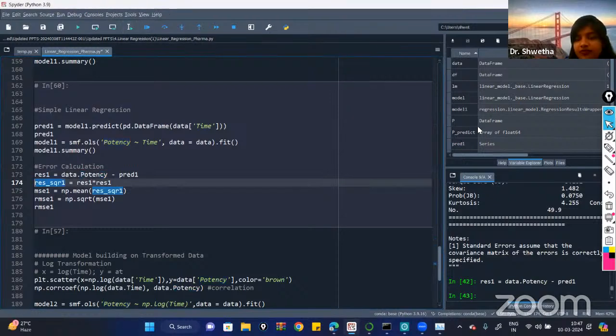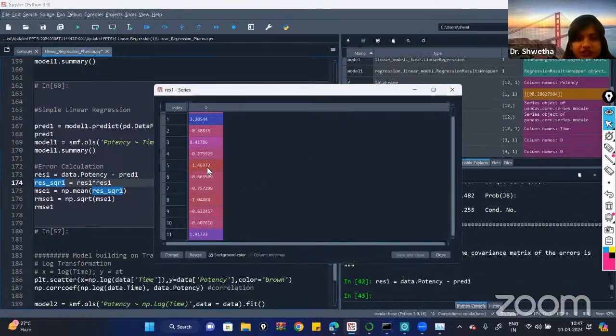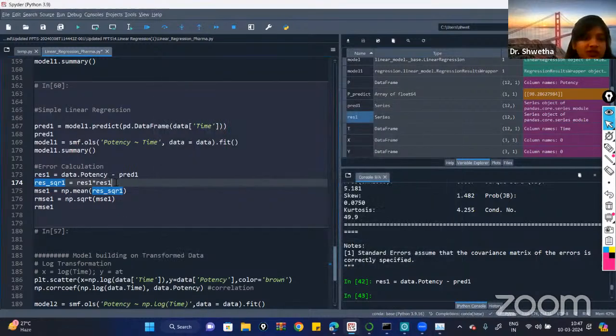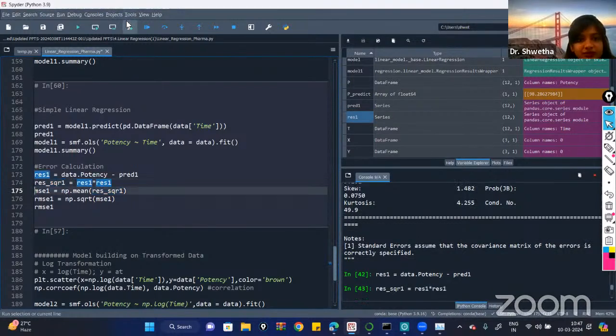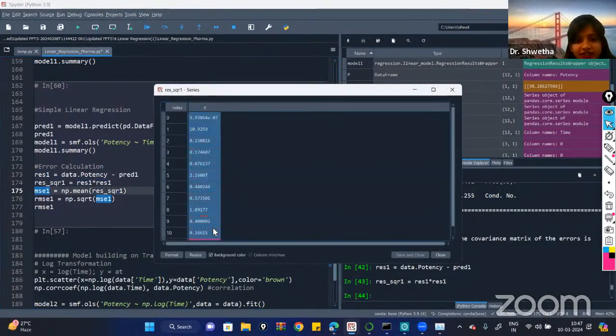So this is stored in res1. This is y minus y hat, the error. We are squaring those errors and storing it in res_sqr1. So we avoided negative values.